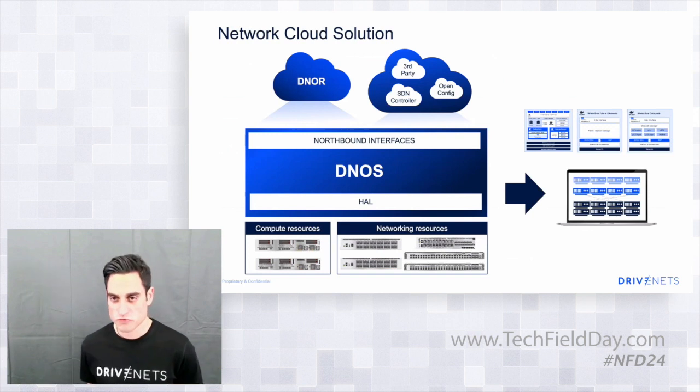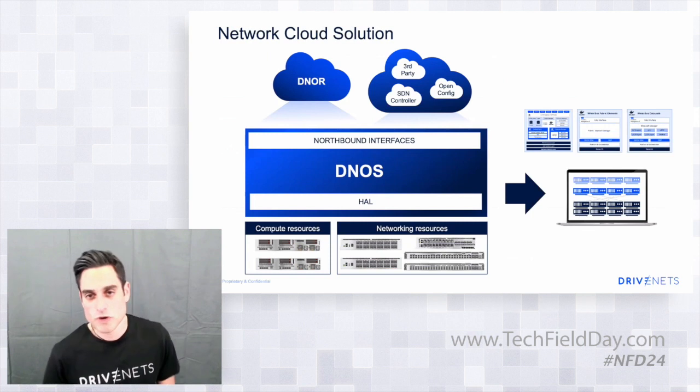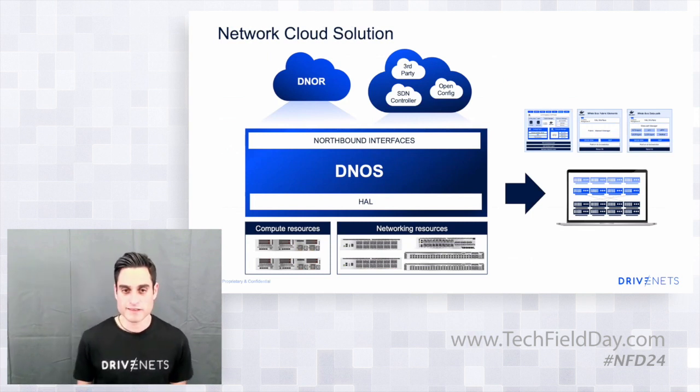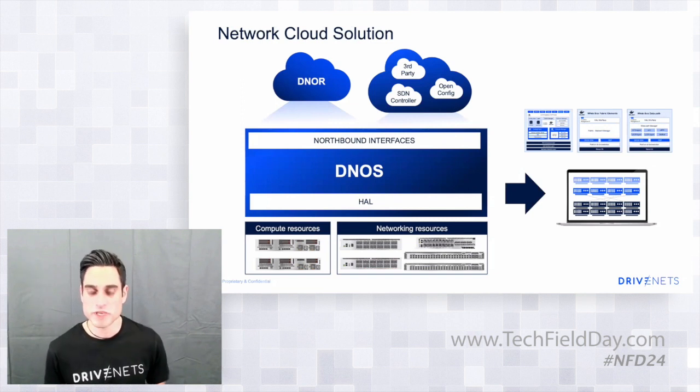So we took the compute resources, we took the networking resources, and thinking really hard, we understood that they're much more alike than different. I don't really care that the server does not have an NPU, or that the white box has an NPU but also has an x86 server. It's the secret sauce of the software to be able to utilize all of them at once and all of them optimally.